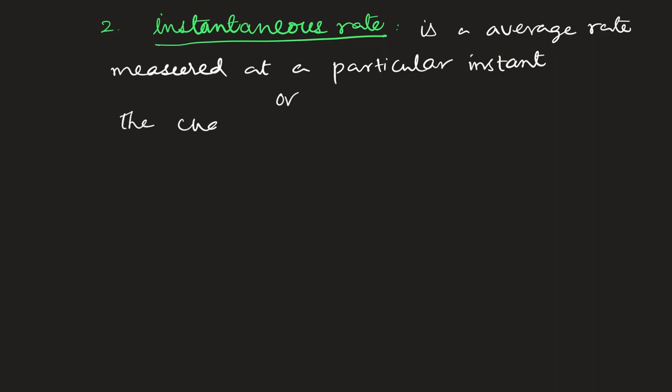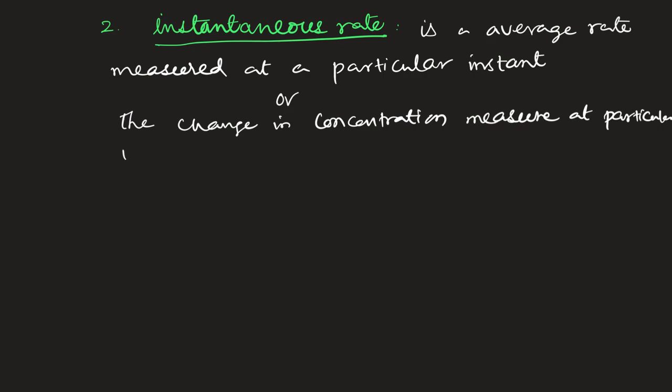The change in concentration measured at a particular instant or time, that is called the instantaneous rate definition. So now how to obtain this instantaneous rate, and what is the use? First I will tell how it is obtained.